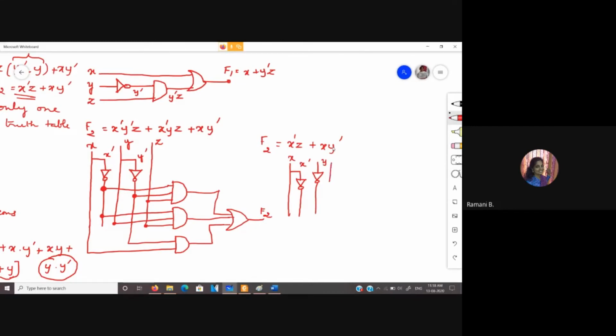So our expression is x bar z and x y bar. Now this is given to the OR gate.